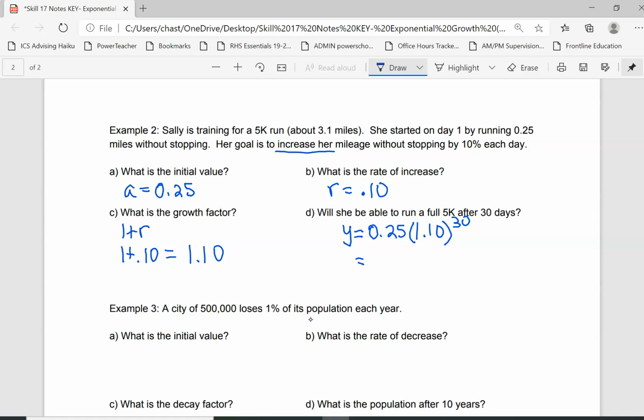We're going to take 1.10 and raise it to the 30th power, and then multiply that by 0.25, and we get about 4.36 miles. And the question was, will she be able to run a full 5K? Well, remember, a 5K is about 3.1 miles, so yes, she will. She'll be able to do that.